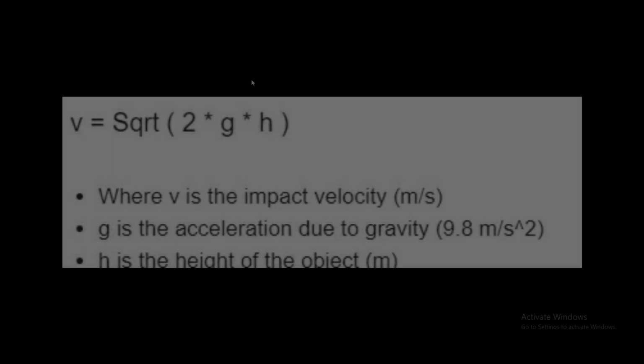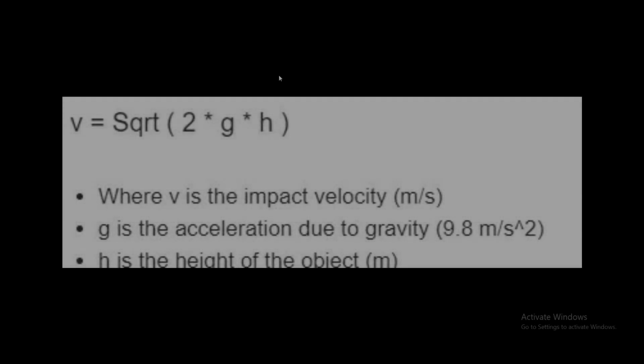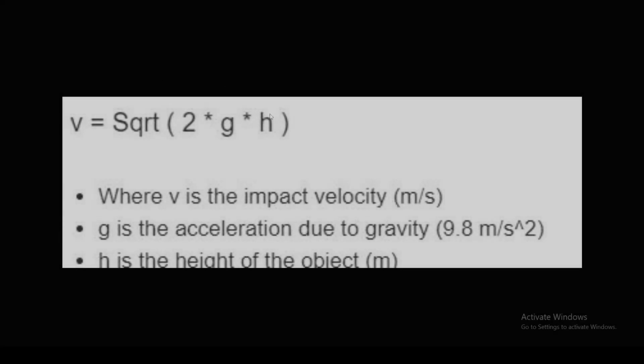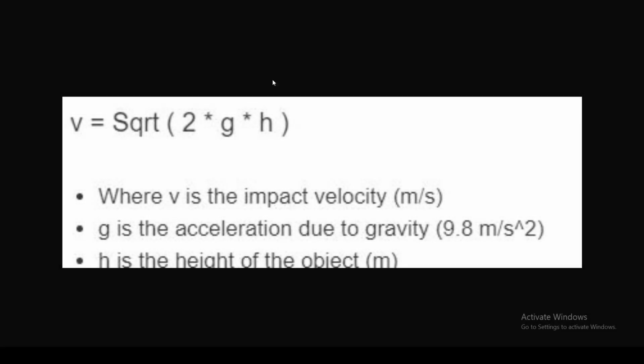We just need to calculate the square root of 2 times gravity times height, where the 2 is constant, and the gravity will be our Physics2D gravity scale. But instead of getting the vector, we'll be getting the magnitude, the length of the gravity, and instead of the impact velocity, we'll be getting the jump velocity.